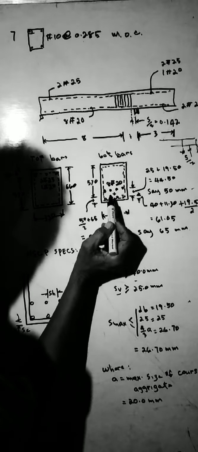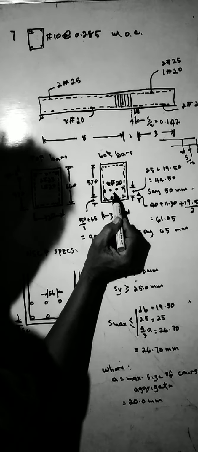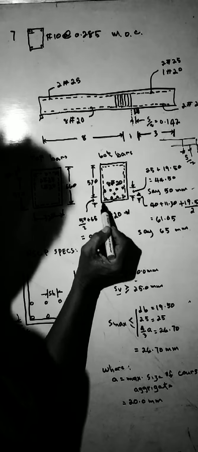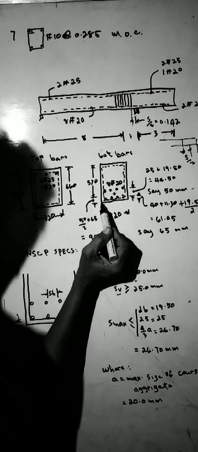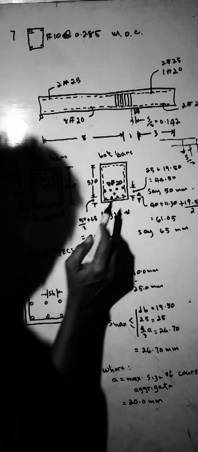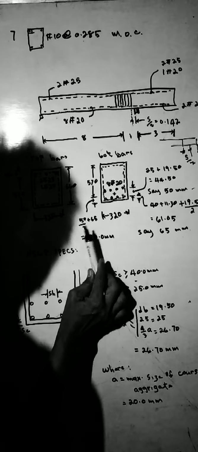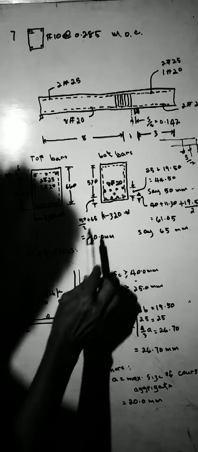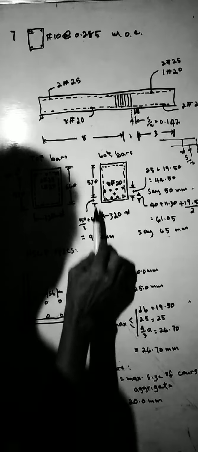And the distance of the center of the two layers of bars to the bottom of the beam is 50 divided by 2 plus 65, which will give us 90. This is 90.